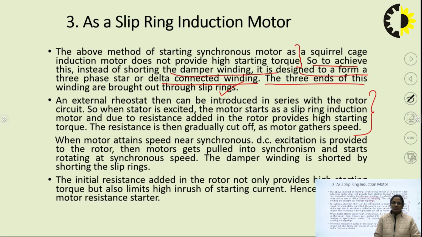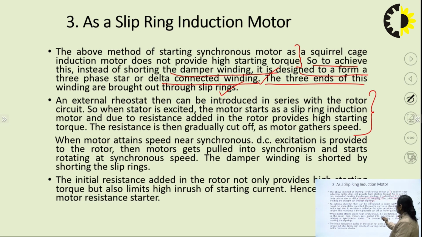The rotor circuit formed by the damper winding. So, the damper winding in this case would be in the form of a proper winding, either connected in star or delta, and for the purpose of developing high starting torque, just like a three-phase slip ring induction motor, an external resistance can be connected in series with this damper winding, right?